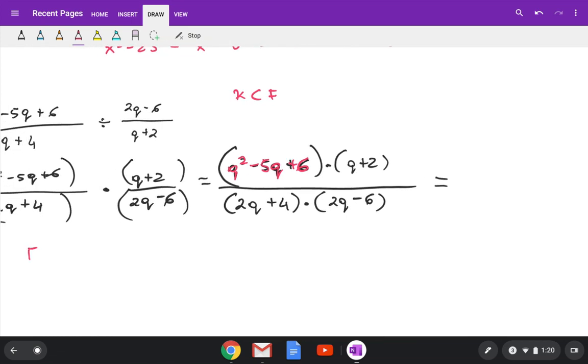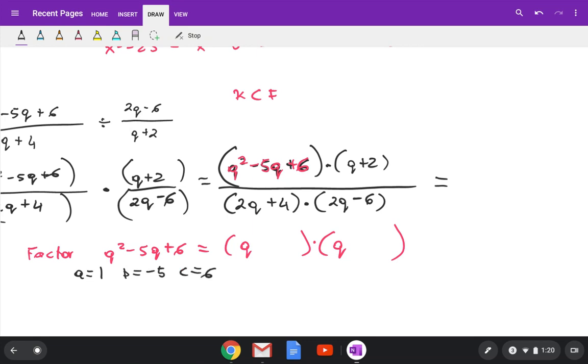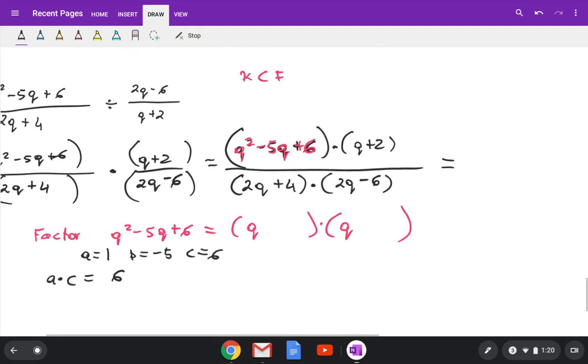So factor q squared minus 5q plus 6. And again, that will be q and q plus something and minus something. So how are we going to do it? A is equal 1, B is equal negative 5, C is equal 6. I'm using the AC method for factoring. So A times C is equal 1 times 6, which is 6.